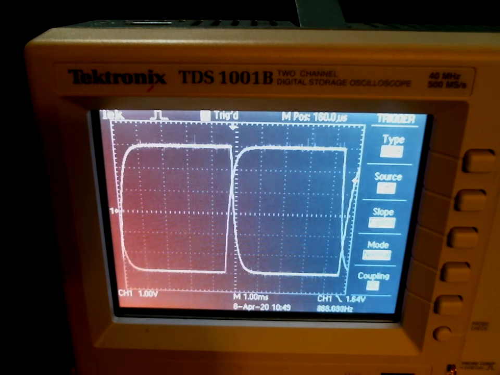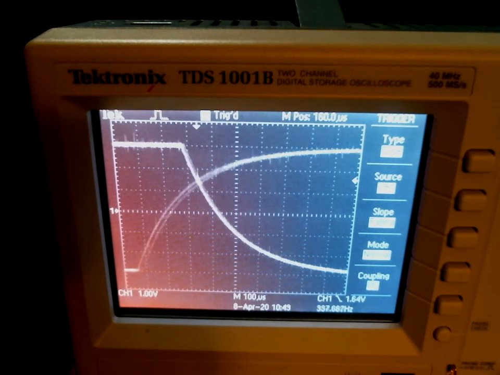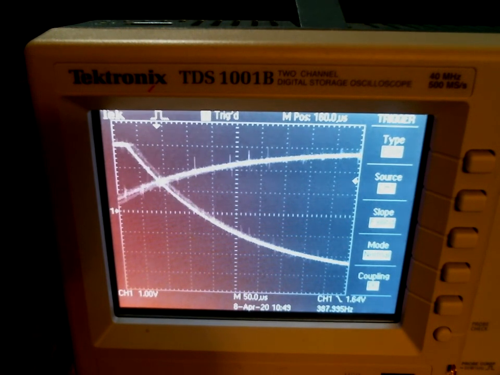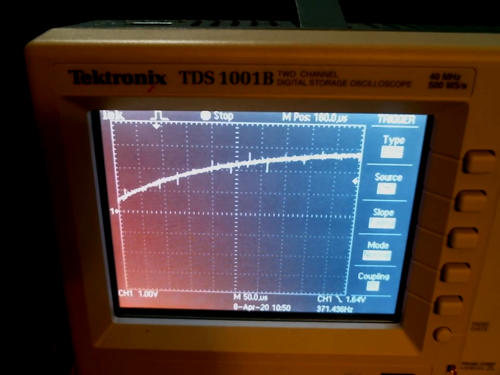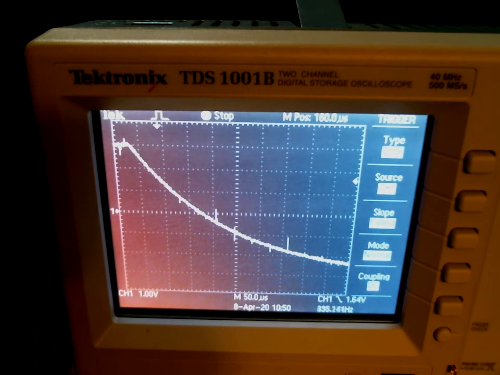I'm probably going to have some of the same hassles with triggering. And that looks like a pretty good scale. And I'm going to use the same trick for getting rid of the unwanted rising pulse. And there we go.